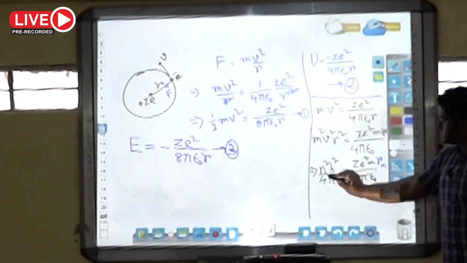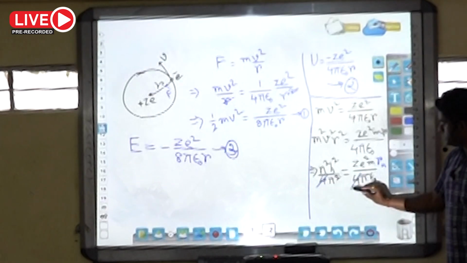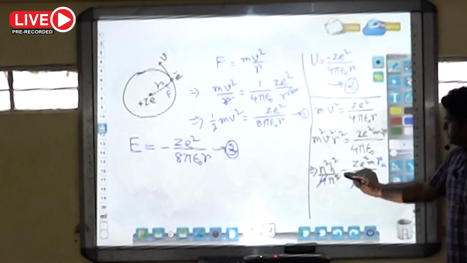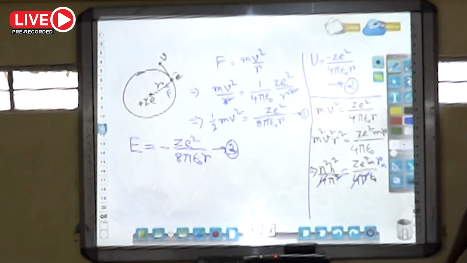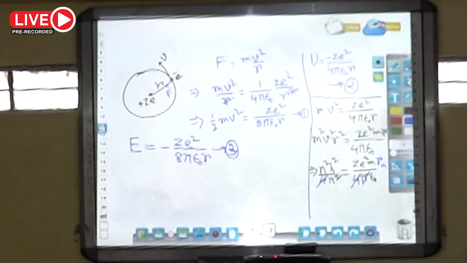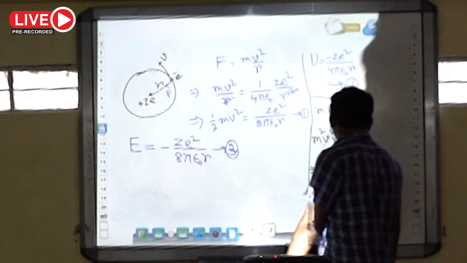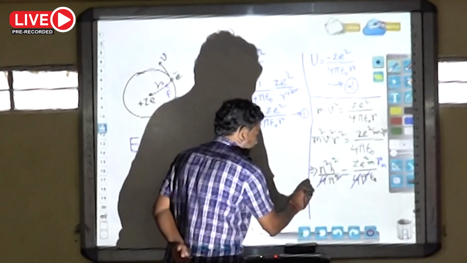The quantities that can be cancelled: first, one π will be cancelled, other terms will not be cancelled. So we are getting the expression for Rn.